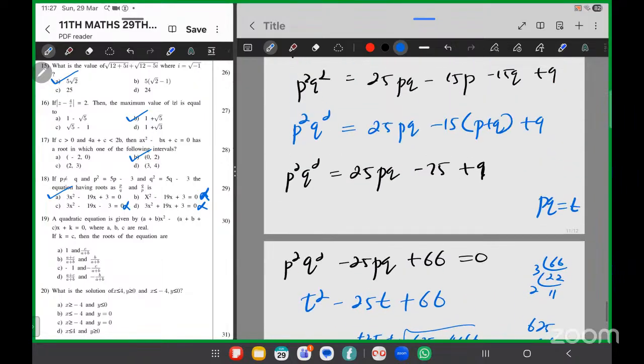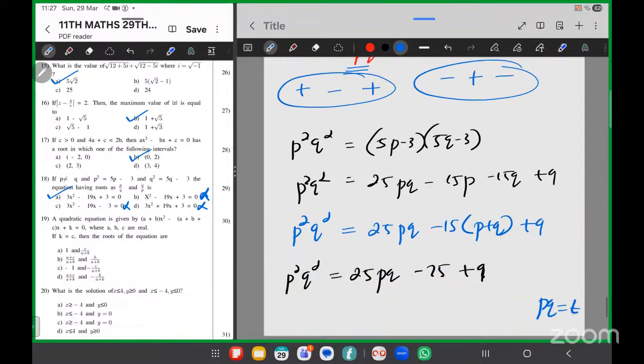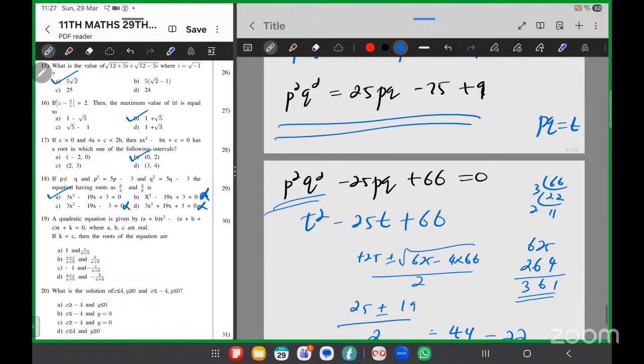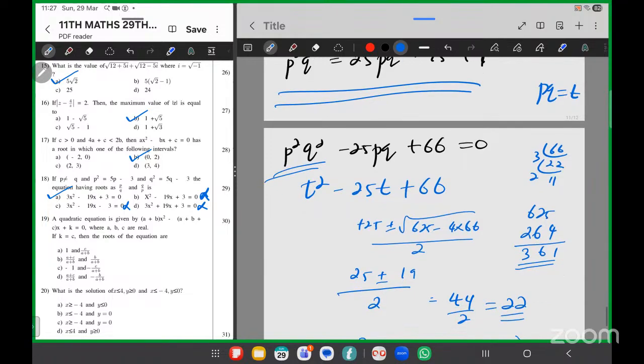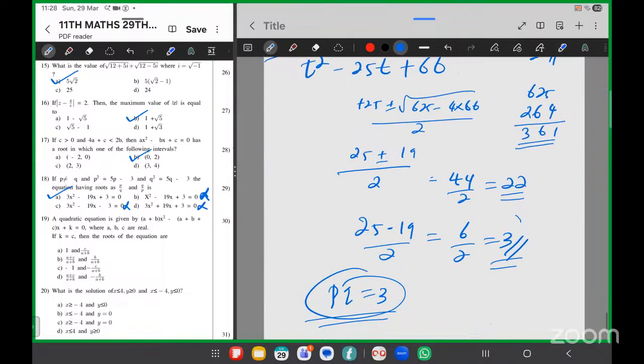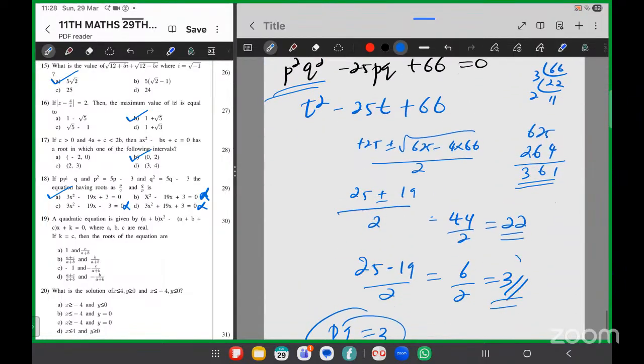You can consider this: if you multiply this one, you will be able to get a quadratic equation. From that, we are getting P square Q square. That means PQ can be considered as T. By using the quadratic formula, you will be able to calculate the value of T. That is 22, which is practically not possible.